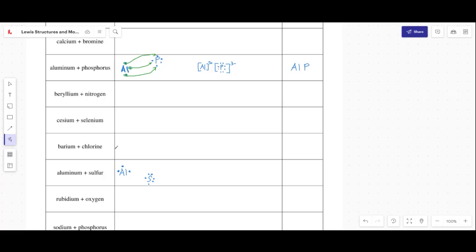Okay, so here's the deal. Aluminum is going to lose 1 electron to here, lose another electron here, but it can't give 3 to this 1 sulfur because the sulfur doesn't have 3 places to accept it. So I have to draw another sulfur.